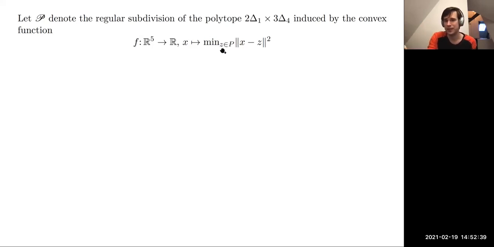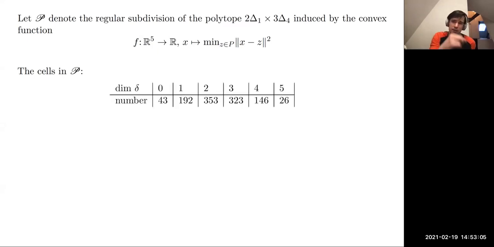So if we use the distance function to this polytope, then that's an affine function, which defines a regular subdivision. And basically this is 0 if and only if you're in that polytope. And so you get a subdivision of this product polytope.